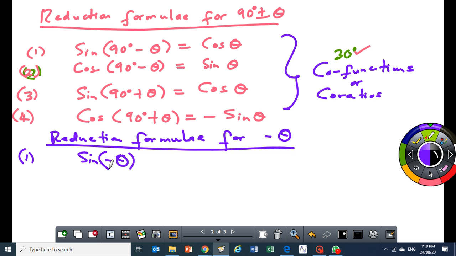From your grade 10, in which quadrant is minus theta? Remember, in trigonometry, if angles are positive, we measure them in an anti-clockwise direction. If they are negative, measure them in a clockwise direction. So, in which quadrant is minus theta?